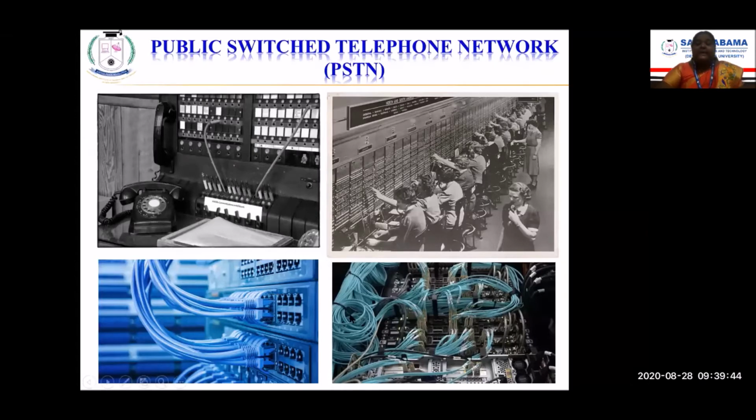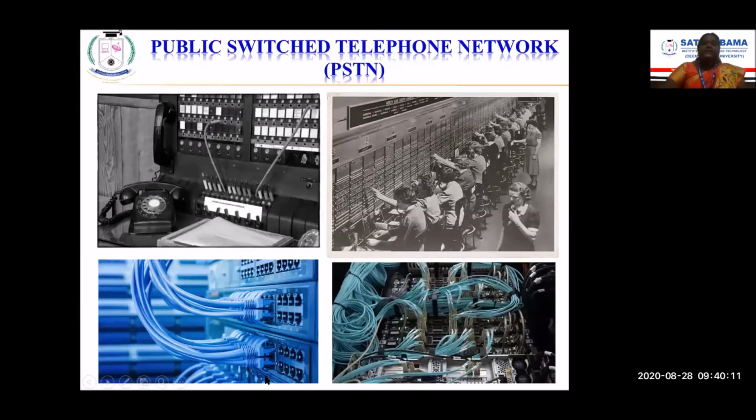Whenever we want to make a call directly, the line is kept open, and a lot of switches direct the calls. It is all replaced by electronic switches, which automatically switch between the different telephone lines. So this is about the public switched telephone network, or PSTN lines.